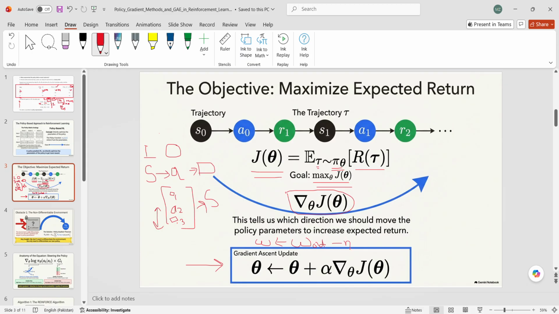We take a learning rate and multiply it with the gradient of the function we are trying to minimize. So in gradient descent we are trying to minimize the loss, and in gradient ascent, as used in reinforcement learning, we are trying to maximize the given objective function. So this formula represents the gradient ascent update for this objective function J of theta.